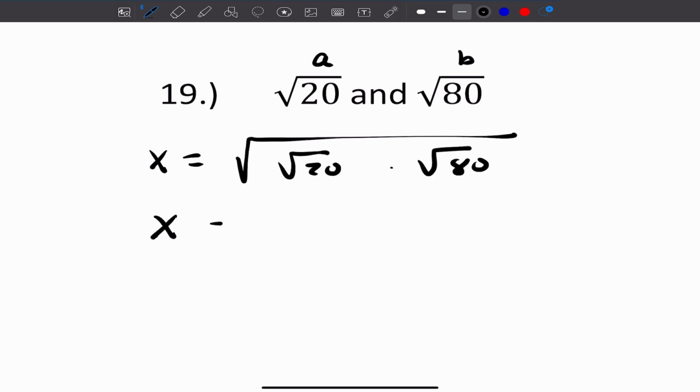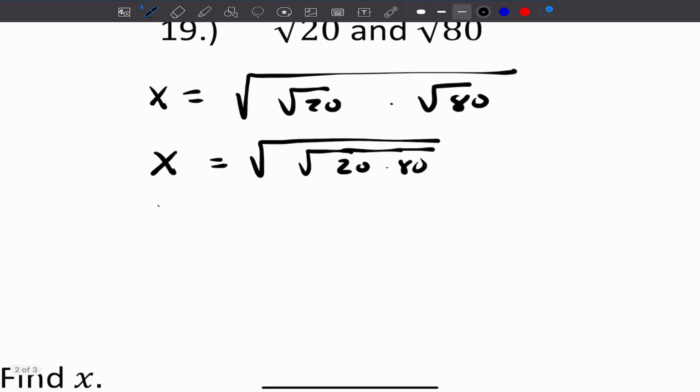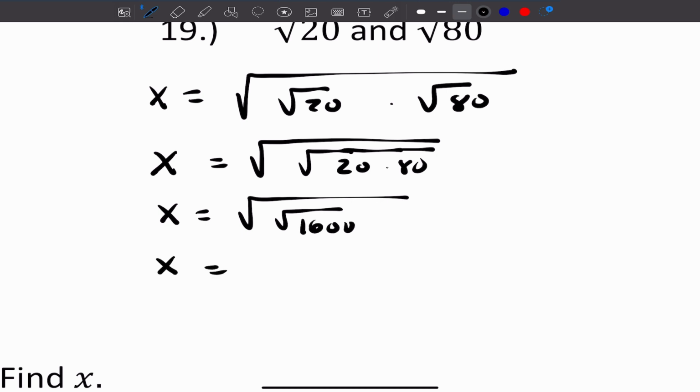So x is equal to the square root of the square root of 20 times 80. Let me go ahead and tell you that x is equal to the square root of 80 times 20, which is 1600. So x is equal to, well, the square root of 1600.